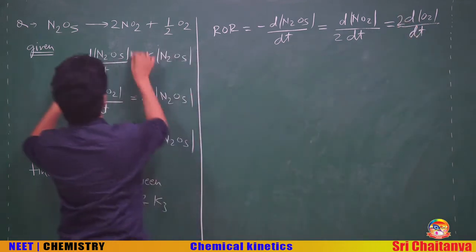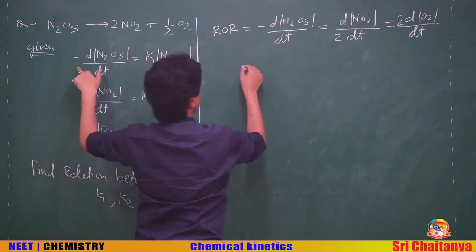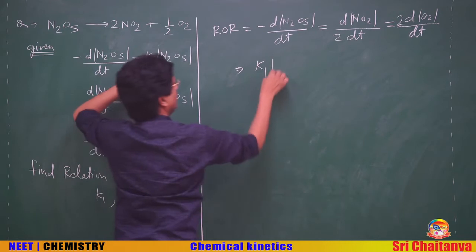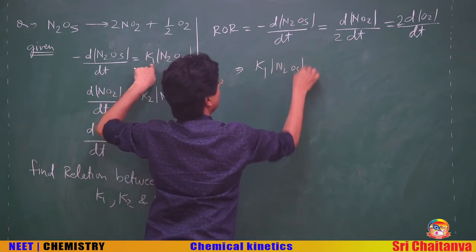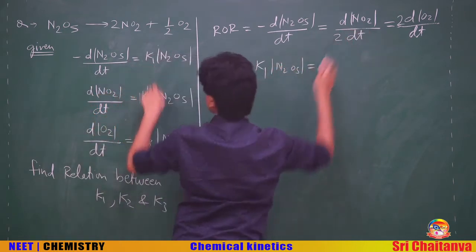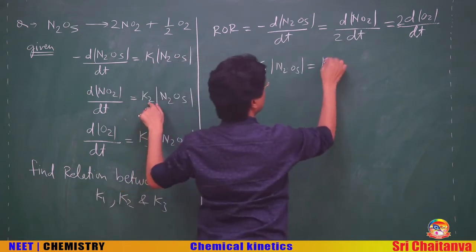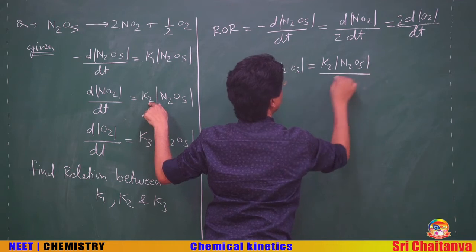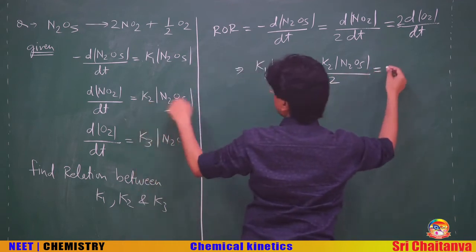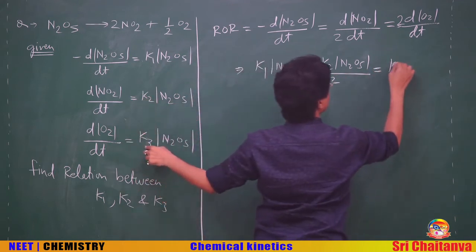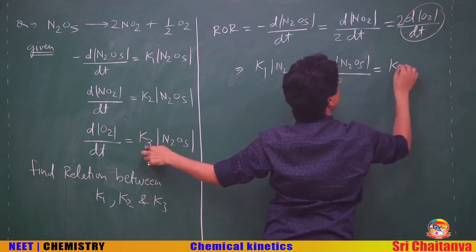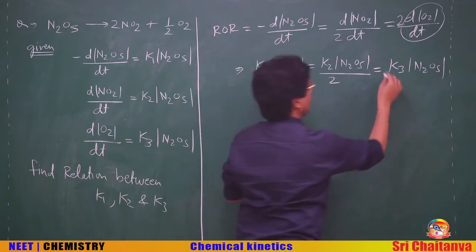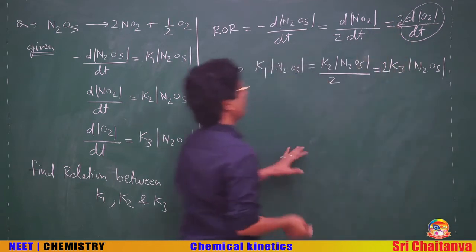Now replace these values. So this will actually be K1 [N2O5] equal to, this value is given as K2 [N2O5] divided by 2, equal to, this value is given as K3 into [N2O5] and into 2, the stoichiometric coefficient.